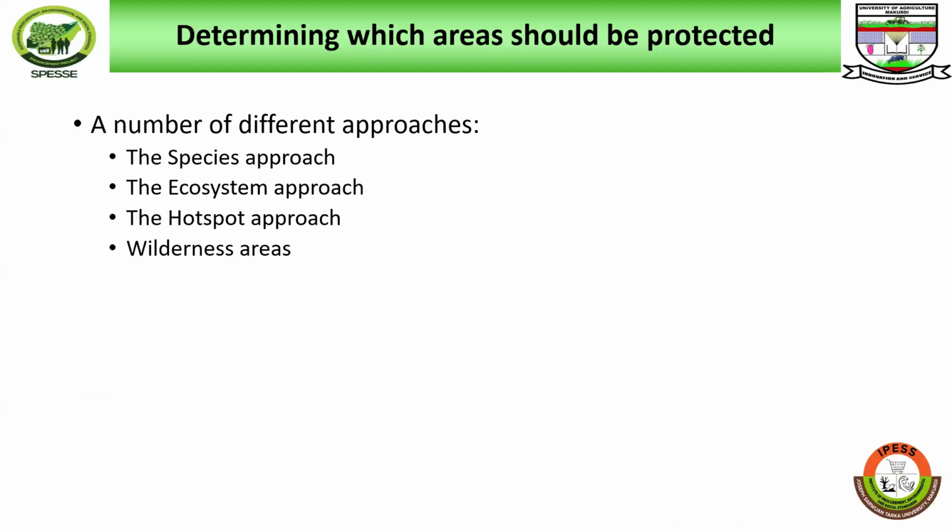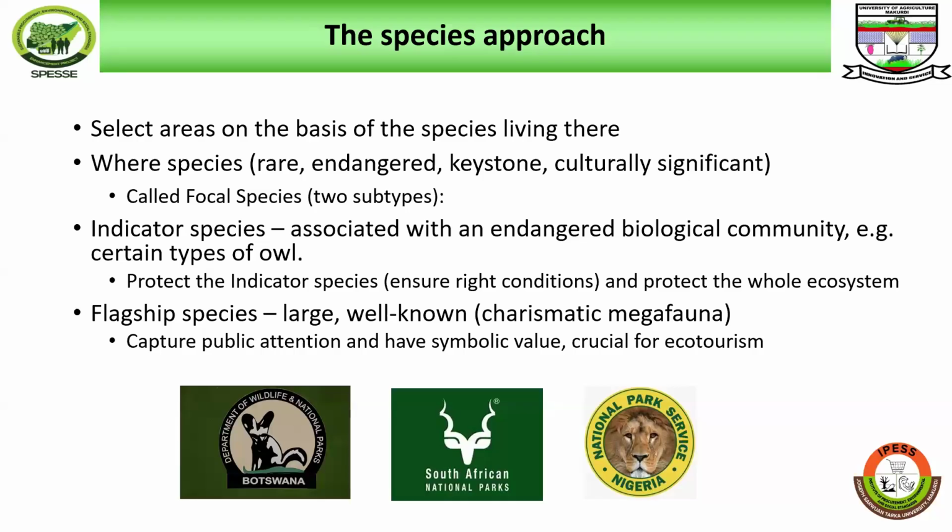So to determine which areas should be protected, you can approach it from a species approach, the ecosystem approach, the hotspots approach, and the wilderness area approach. These are the four different approaches you could take in terms of protecting species. You select areas on the basis of species living there. That is a species approach.